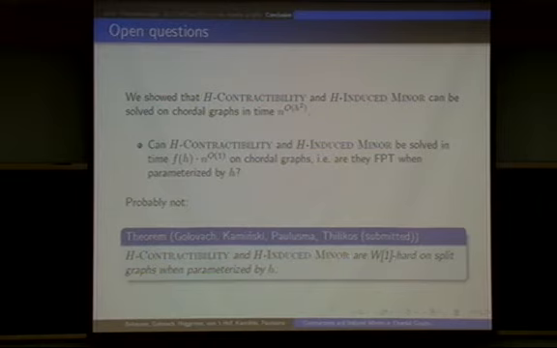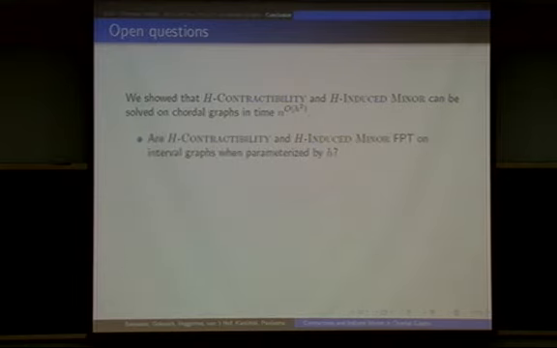But still you can work on a different question. You don't have hope for chordal graphs, but maybe for interval graphs you can get rid of the part where we guess the boundaries.